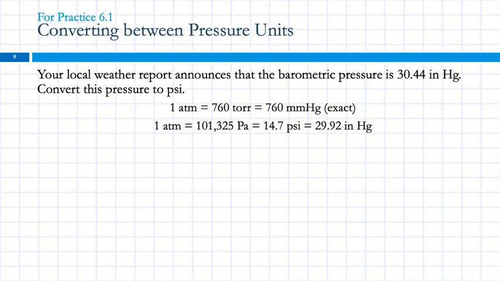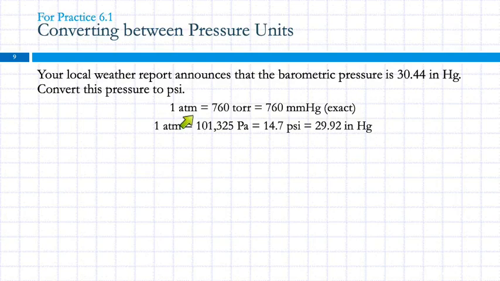So let's do an example. Your local weather report announces that the barometric pressure is 30.44 inches of mercury. Convert this pressure to psi, pounds per square inch. I recommend memorizing this top line, that an atmosphere is 760 torr, which is the same as 760 millimeters of mercury. That one we're going to use a lot, okay?